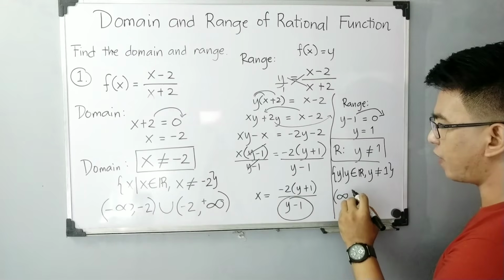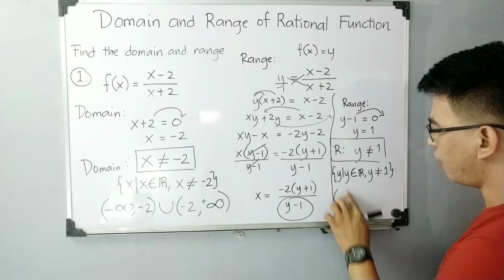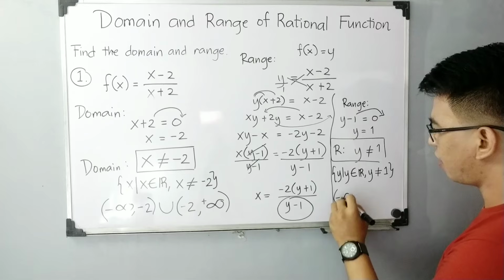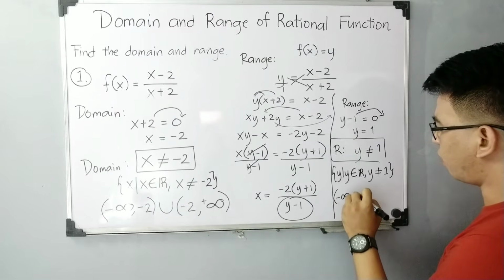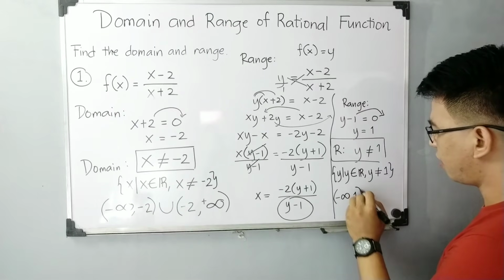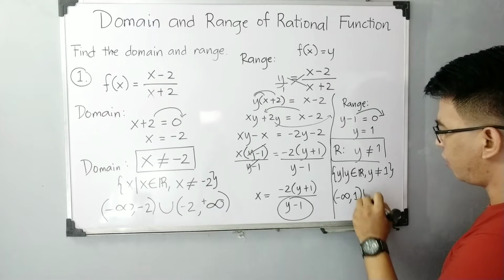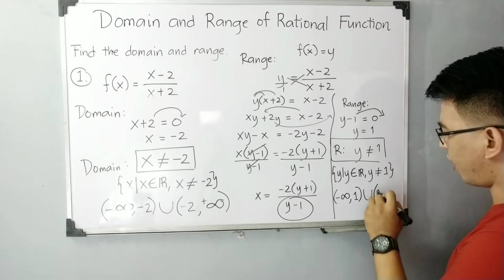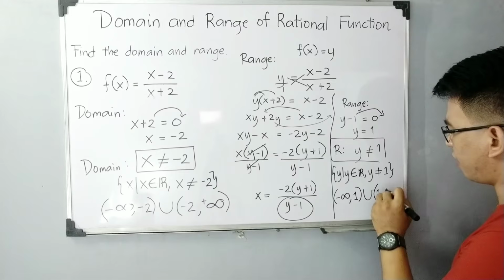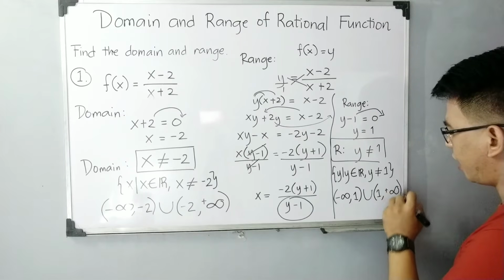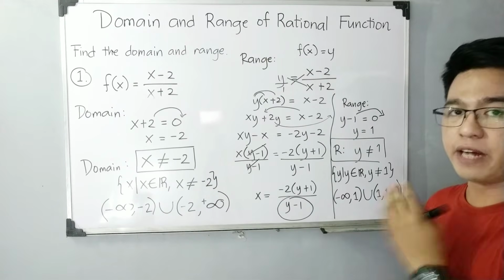Positive infinity muna tayo, kasi gagawin natin negative. Negative infinity, comma 1, open parenthesis, union, 1, and positive infinity. At ito yung magiging range natin.